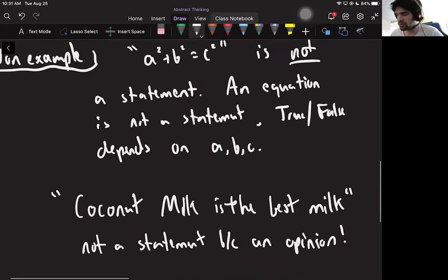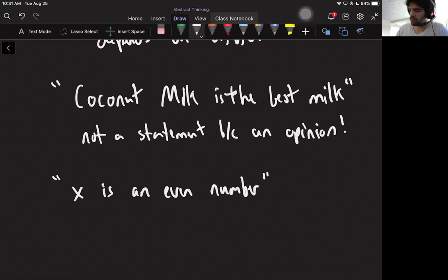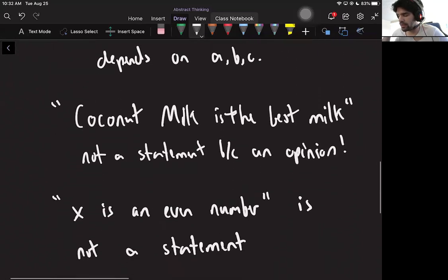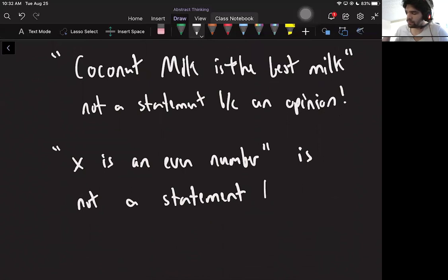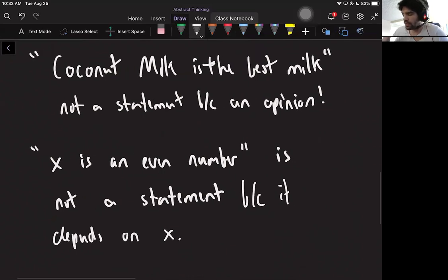Here's another non-example that's more tricky. X is an even number. This is not a statement. It's very similar to the equation that I wrote up here being not a statement, and it's because it depends on X. So the answer changes, whether it's true or false, depending on what X is.